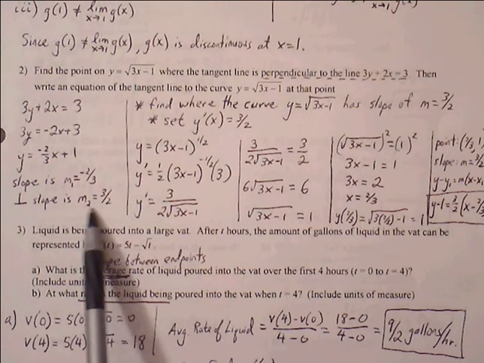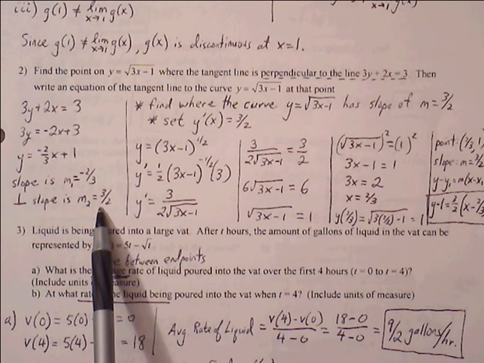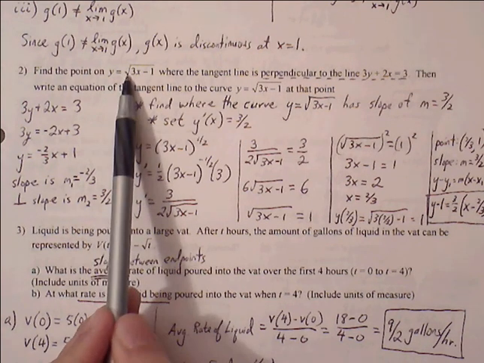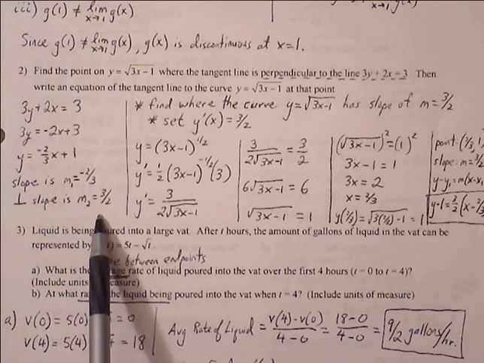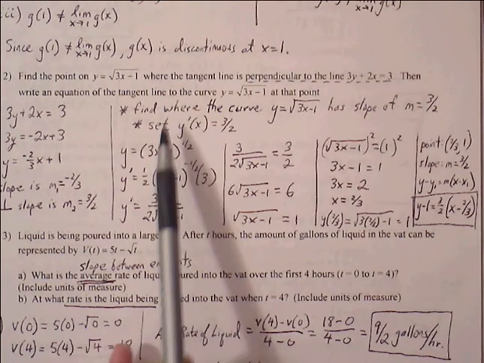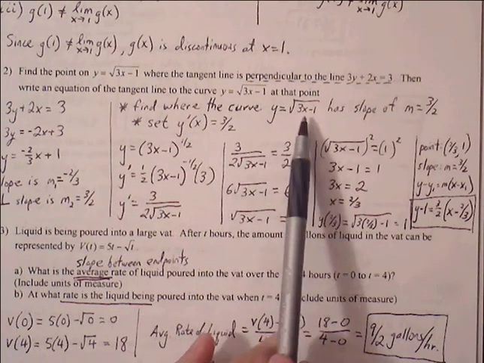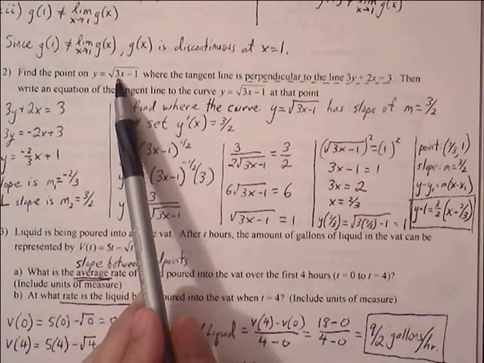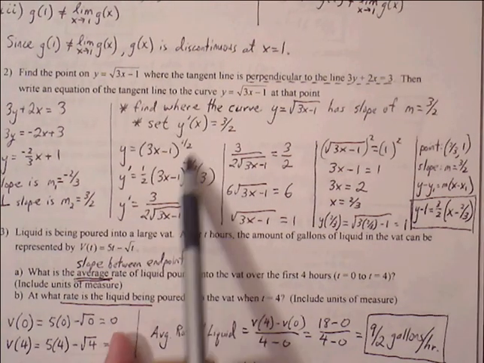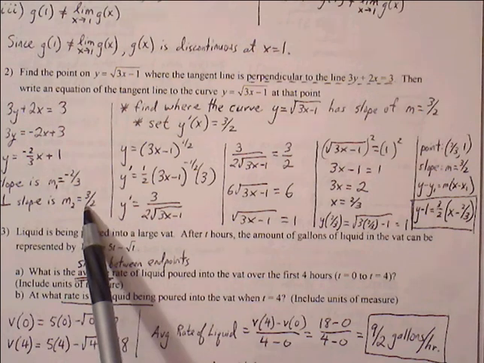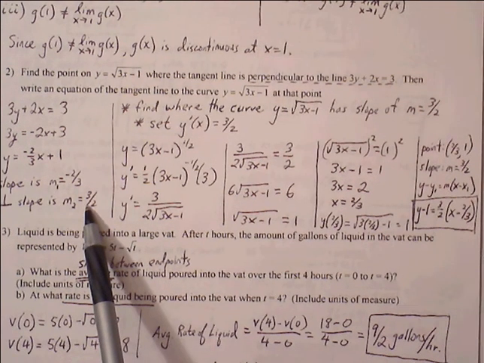The slope that we're after is 3/2. We're trying to figure out where on this curve there is going to be a slope of 3/2. So what we need to do is find the derivative and set the derivative equal to the slope that we're targeting, so we can locate the x value where that occurs.